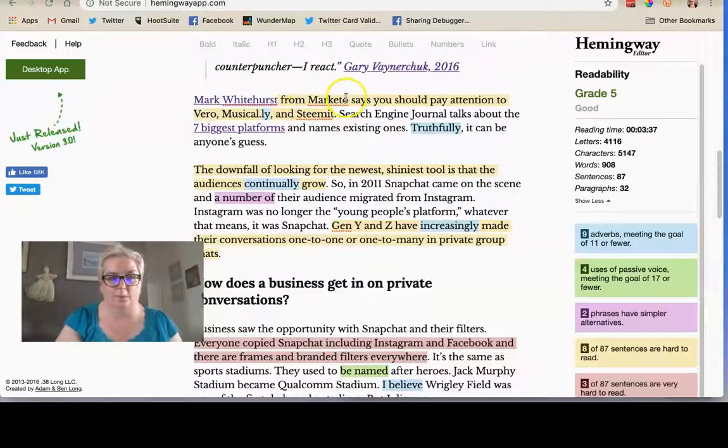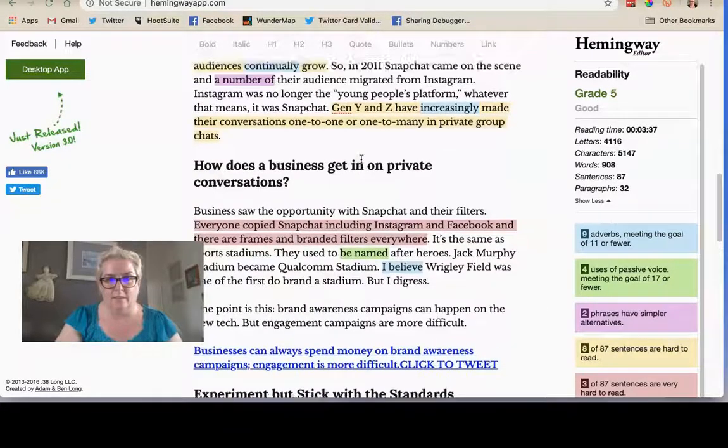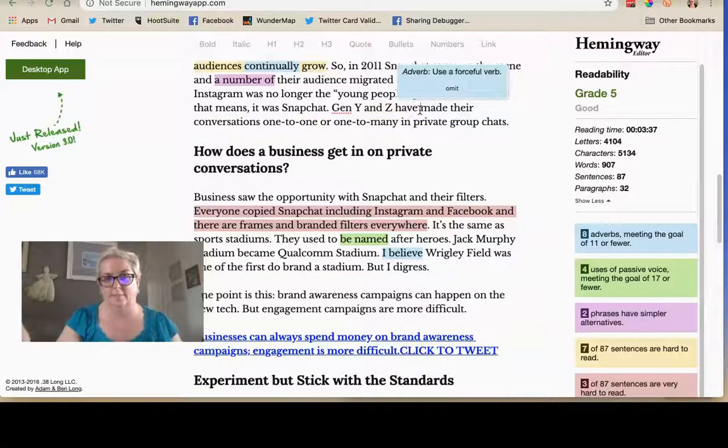Mark Whitehurst from Mark 2 says you should pay attention to blah, blah, blah, blah. I can't really fix that much better. This is an adverb. Use a forceful verb. I could just delete it and it makes the sentence easier, and then I don't have the adverb problem, right?